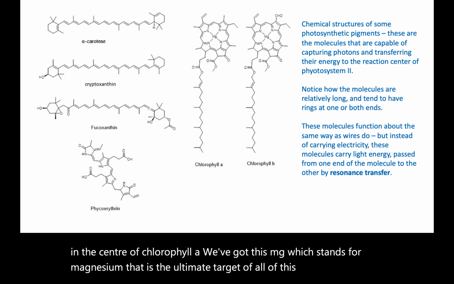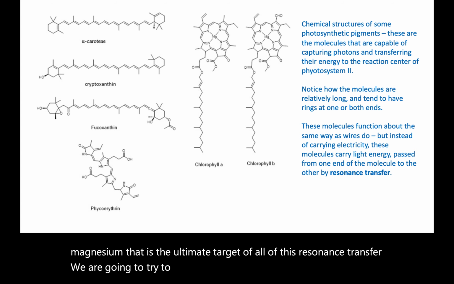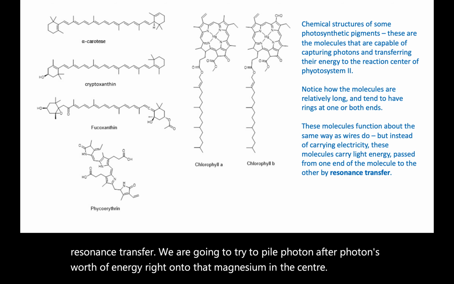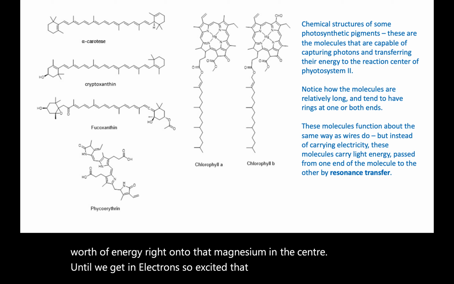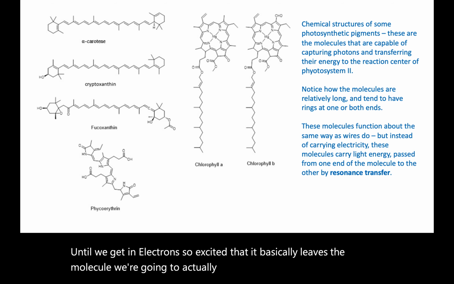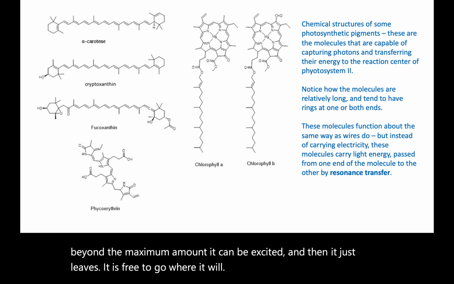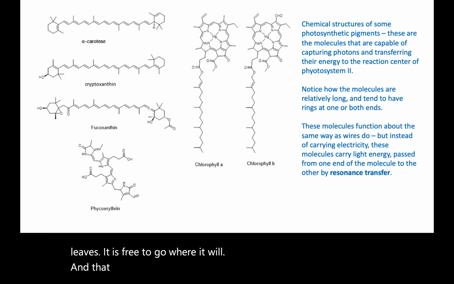We are going to pile photon after photon's worth of energy right onto that magnesium in the center until we get an electron so excited that it basically leaves the molecule. It is excited beyond the maximum amount it can be excited, and then it just leaves. It is free to go where it will. And that is how photosynthesis is going to start.